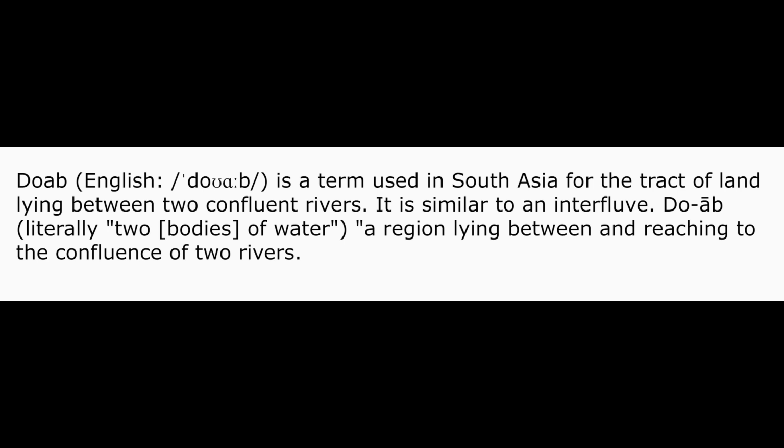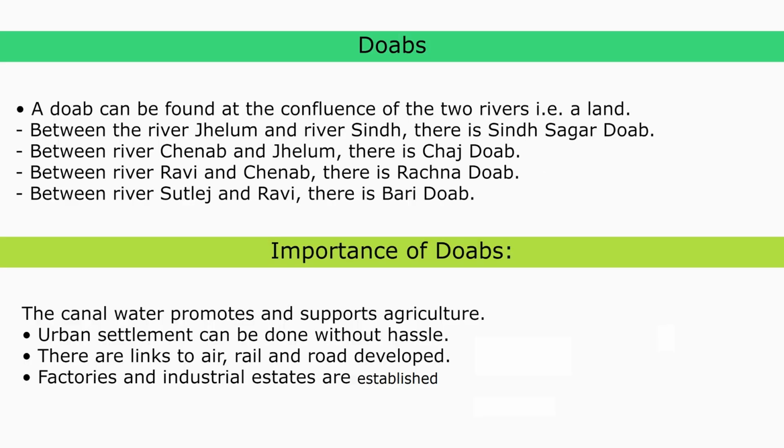A region lying between and reaching to the confluence of two rivers. And a doab can be found at the confluence of two rivers.